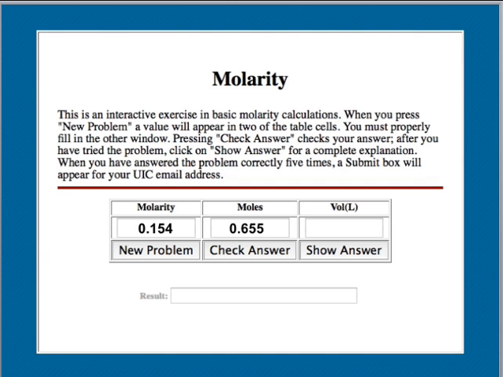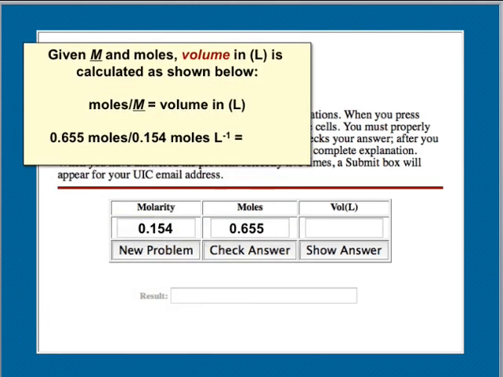So moles divided by molarity will give us volume. Do our simple calculator substitution, do our calculation, and we have 4.26 liters.